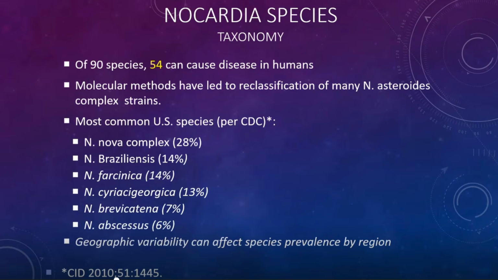So the current epidemiology of Nocardia, there are multiple different strains in the US, the most common of which is Nocardia nova complex, followed by Nocardia brasiliensis, and so forth. And this organism does have some geographic variability that can affect its prevalence by region.